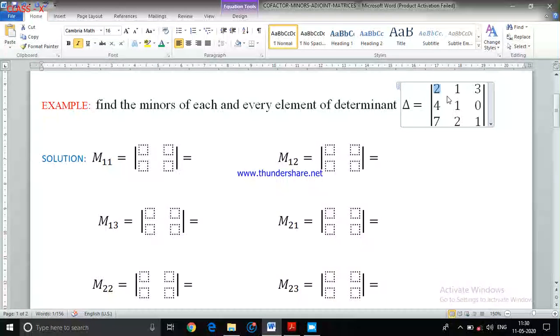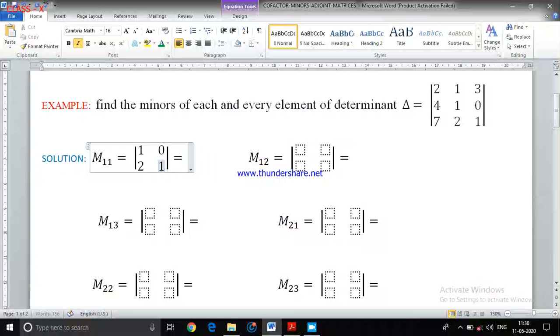But if I want M11, that is the minor of this number 2, what the definition says is, 11 means first row and first column. If I exclude the first row and first column, what are the other elements left? 1, 0, 2, 1. So let me put here 1, 0, 2, 1.